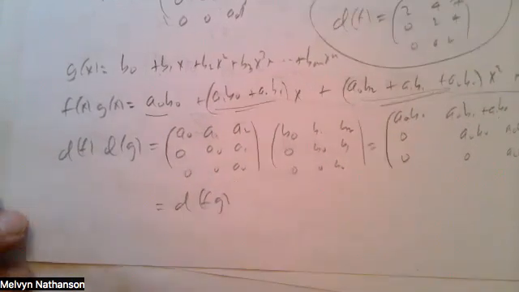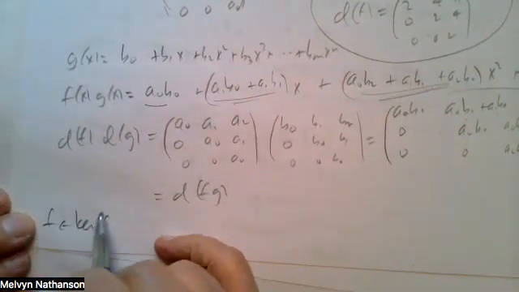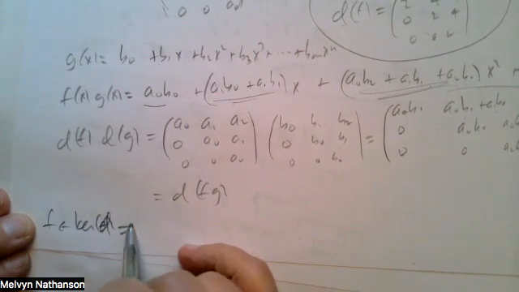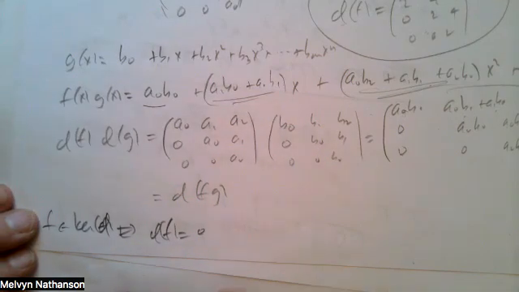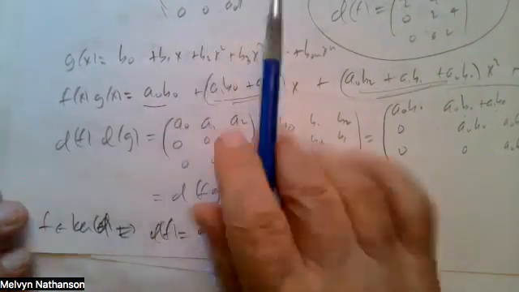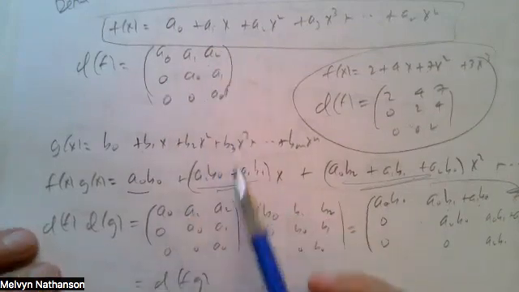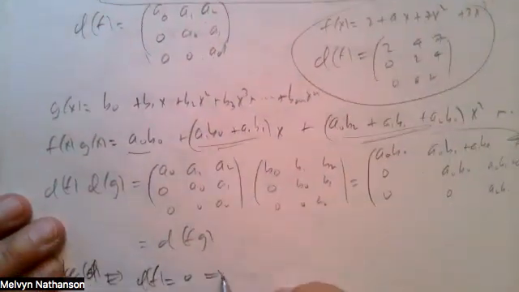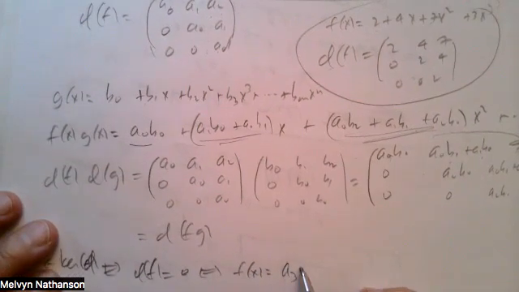And what is the kernel of phi? So F is in the kernel of phi if and only if phi of F is equal to 0, but this is phi of F. It's equal to 0 only if the first three coefficients are 0. So if and only if F is a polynomial which starts with a cubic term.